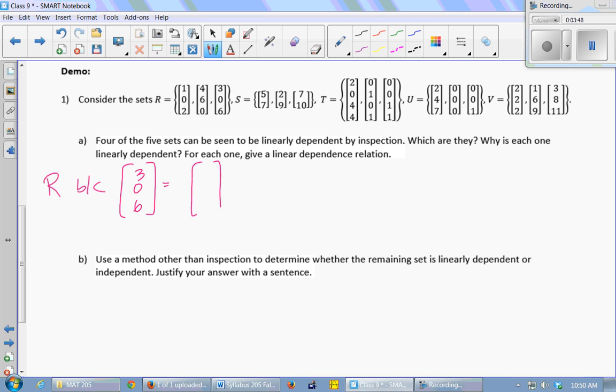So my other 2 vectors are 1, 0, 2 and 4, 6, 0. What weights can I use to make 3, 0, 6? 3 and 0, right? That makes R linearly dependent. If any vector in the set can be written as a linear combination of the other vectors, linearly dependent. Okay, how about S?